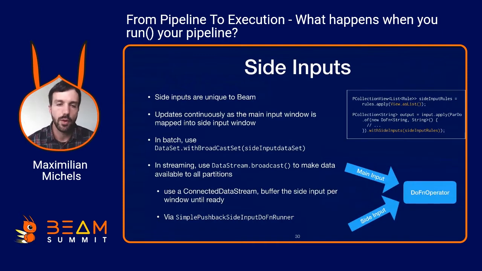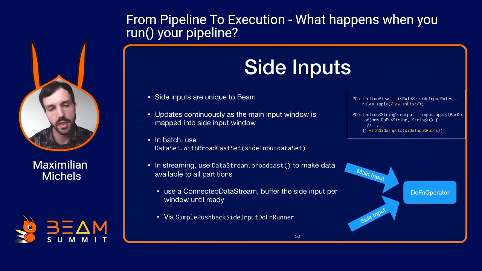Side inputs, for example, how are they translated? They are kind of unique to Beam. Flink doesn't have this feature. A side input is where you broadcast all the data of a PCollection to all parallel instances of a transform, and then you need to wait until that side input is ready before you process your main input.